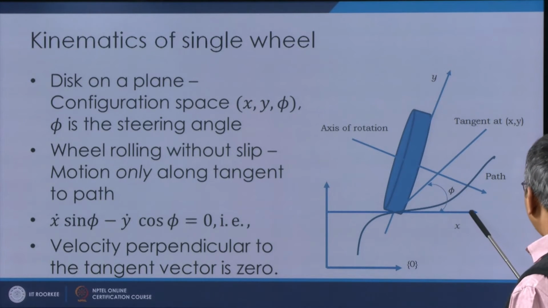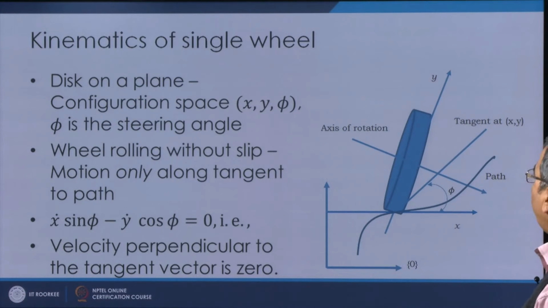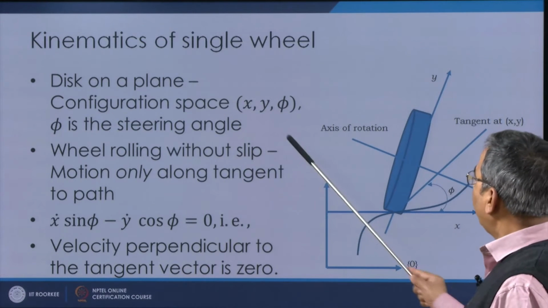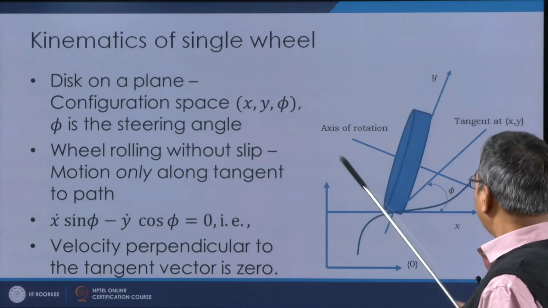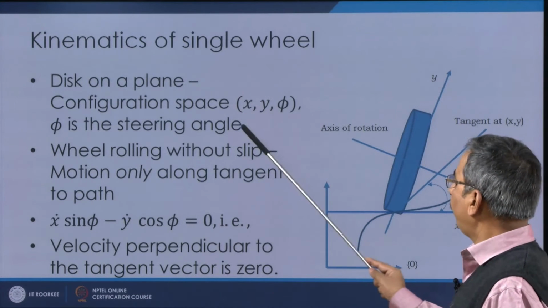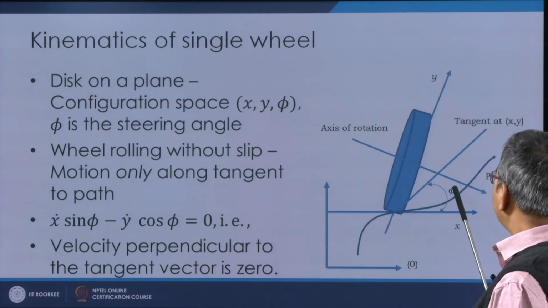So, this is my x direction and this is my y direction. The configuration space of the wheel consists of specifying x, y and phi. Here x, y are the point of contact, and phi is what we call the steering angle.